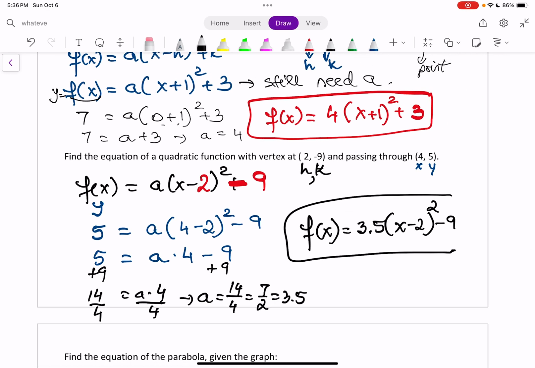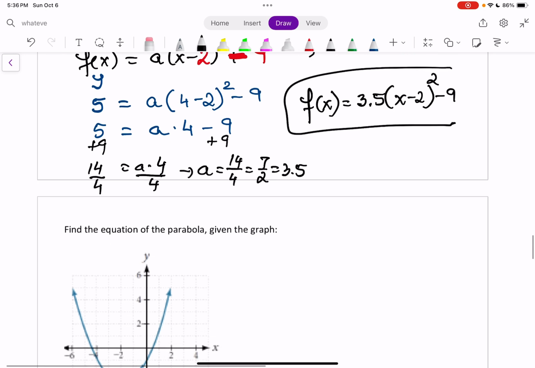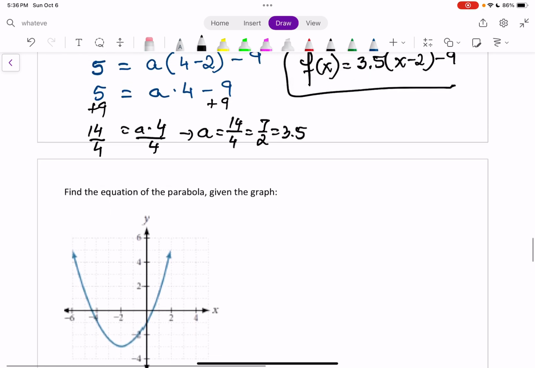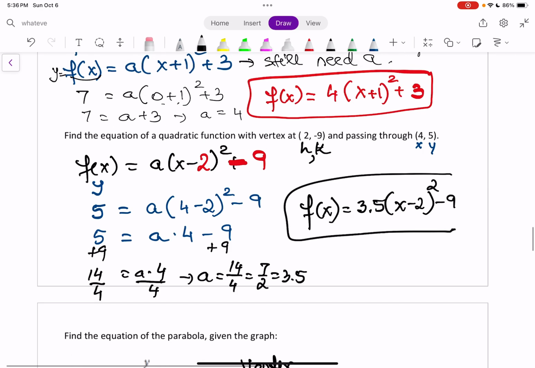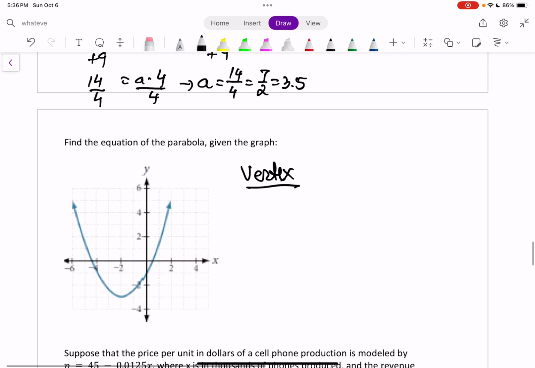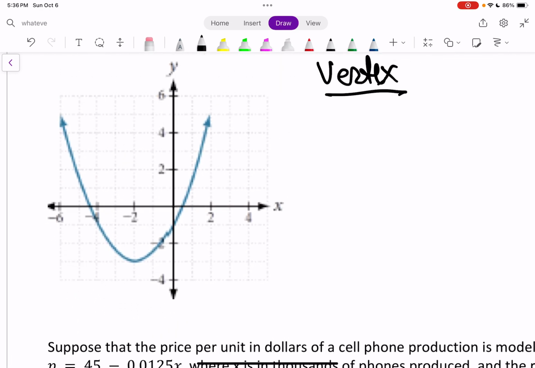All right. Here I'm giving you a graph this time, and we want to see what the equation of the parabola is. So same way, can we find the vertex? In these problems, it was given to us. We are now given the graph. However, can we read the vertex easily?